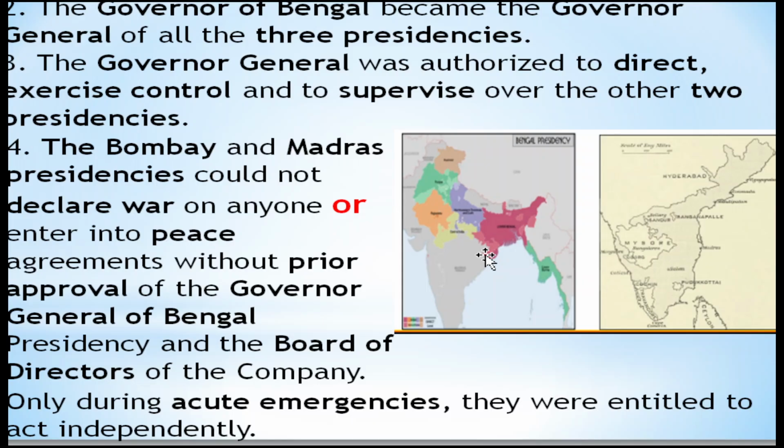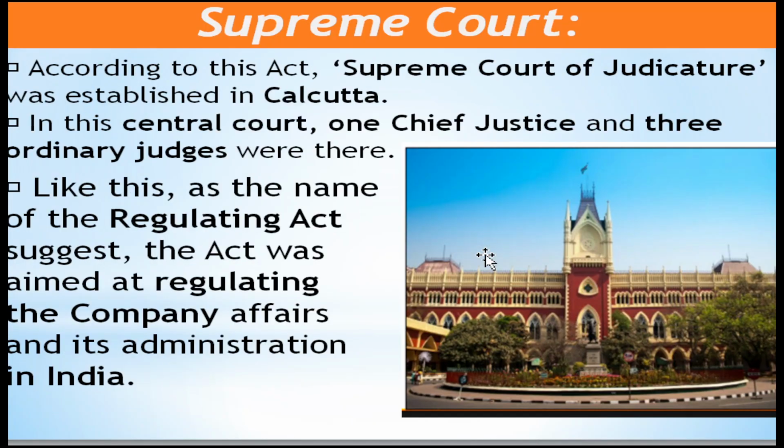Whenever there are acute emergencies, at that time Bombay and Madras could act independently. Otherwise they had to take permission from both the Governor General of Bengal and the board of directors. Because of this act, the Supreme Court was established.